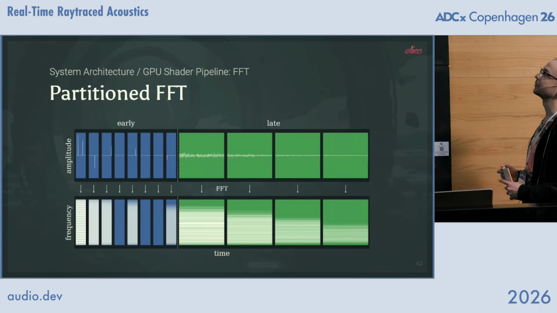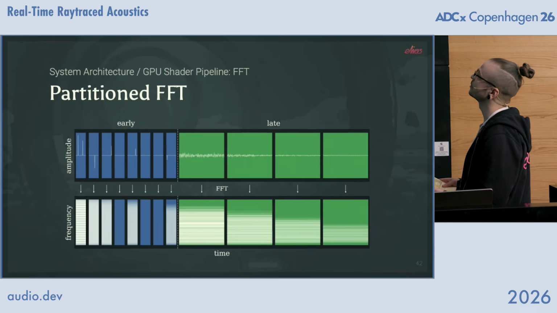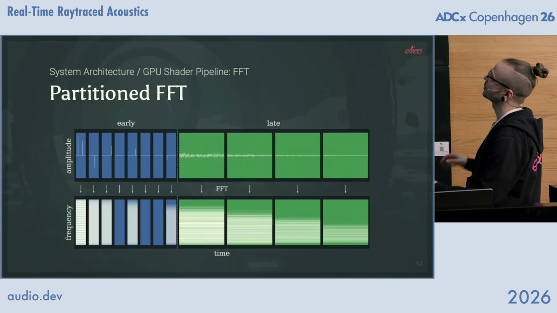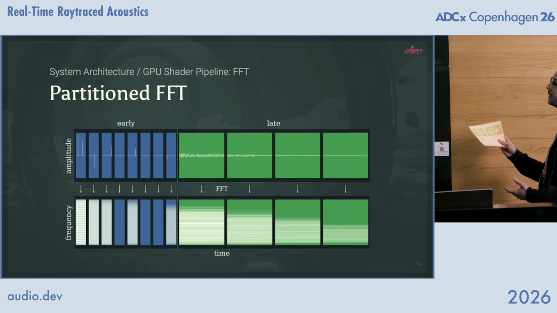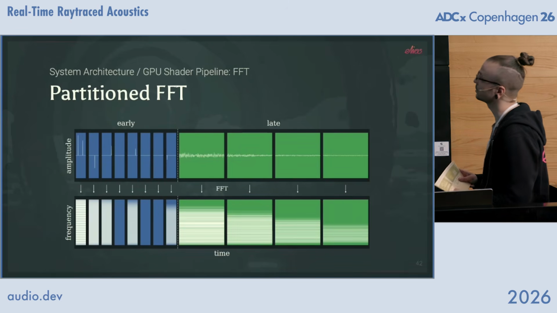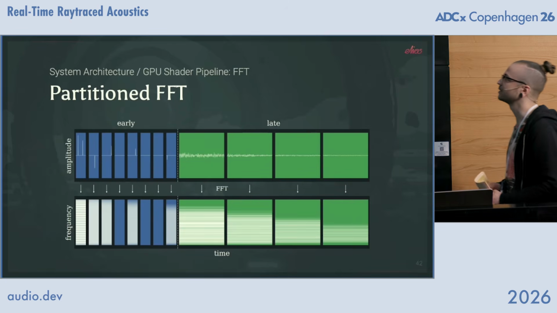And to do real-time convolution, you have to partition the impulse response. The way we do that is by first sectioning it into an early region and a late region, where the early region covers the early reflections and has as small blocks as possible to minimize latency.